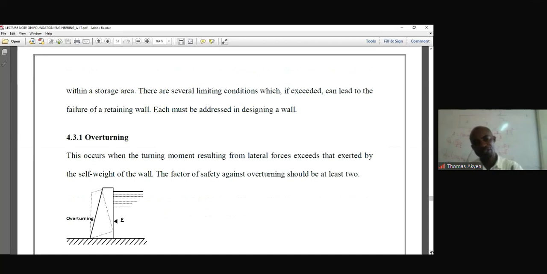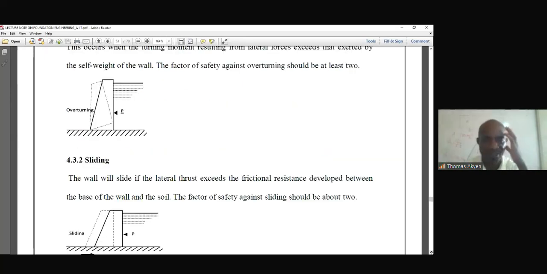The factor of safety against overturning of walls should be at least 2. So you see how the overturning wall looks.